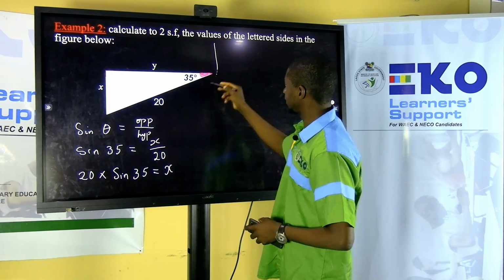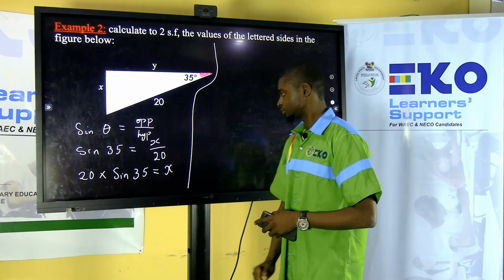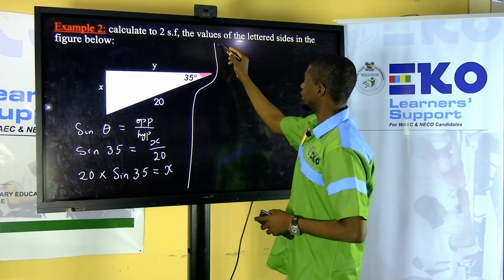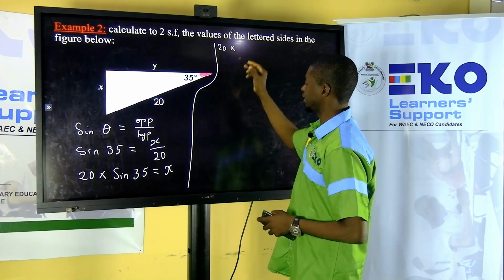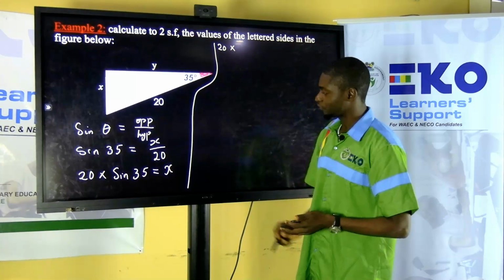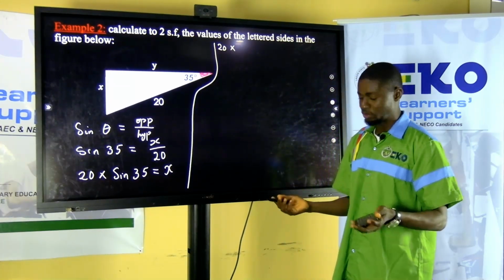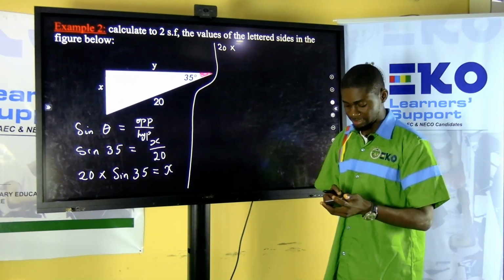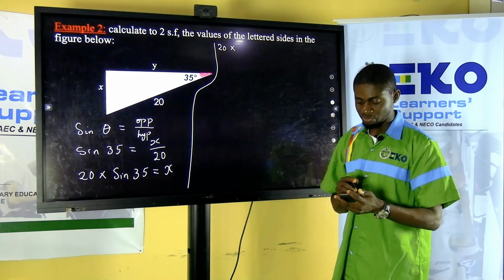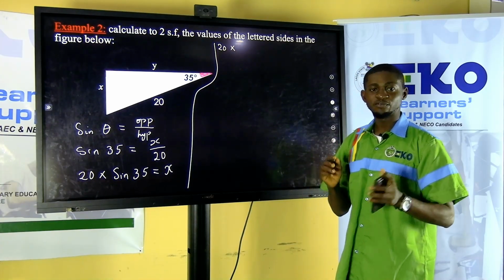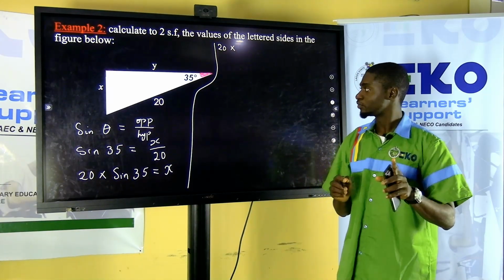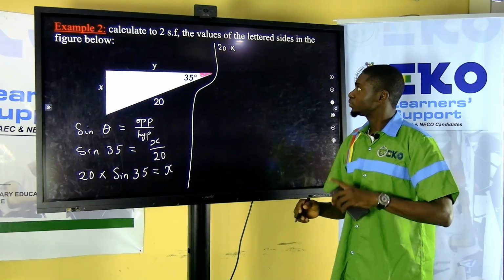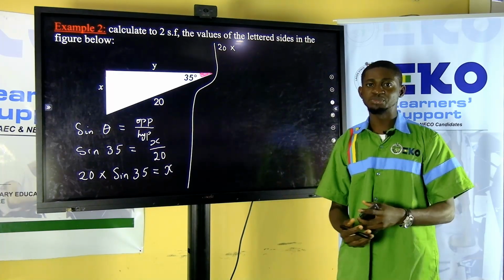If we take it beyond this, that will give us 20 multiplied by sine of 35, using our calculator or 4-figure table. We have sine 35, that gives us 0.5735.